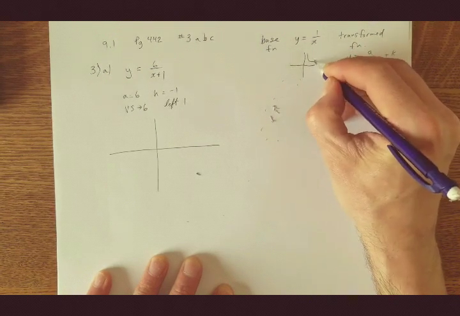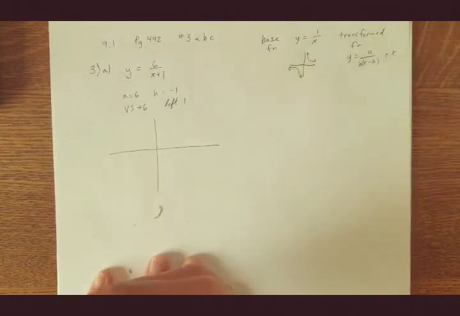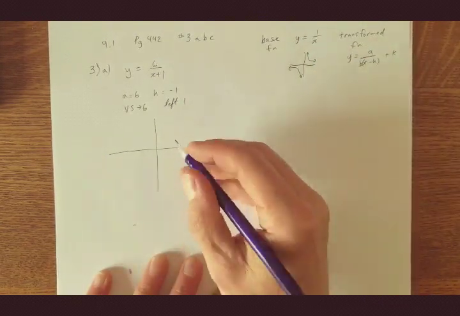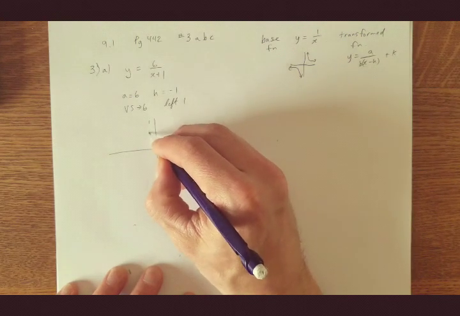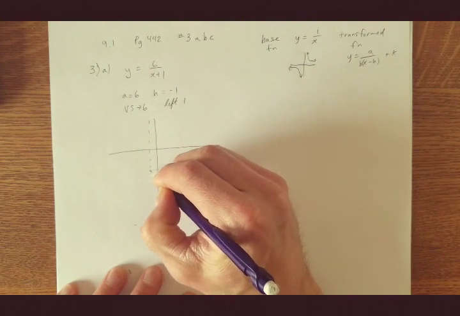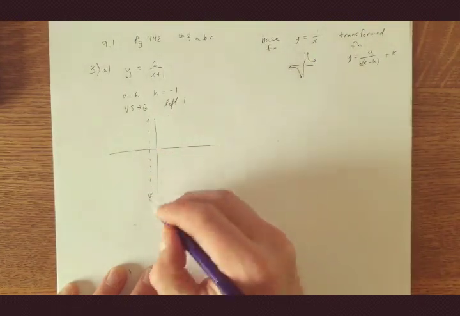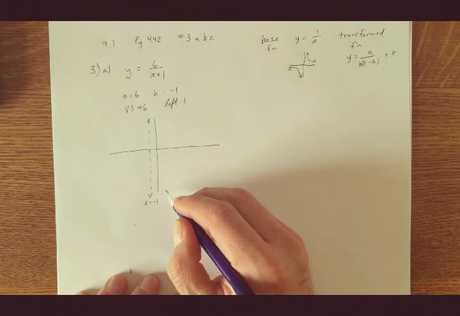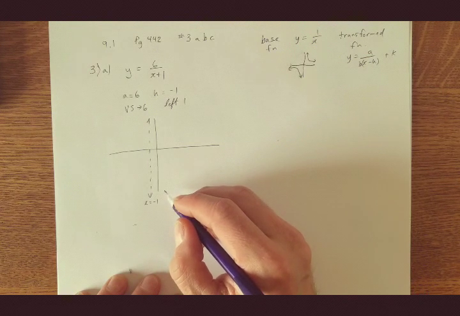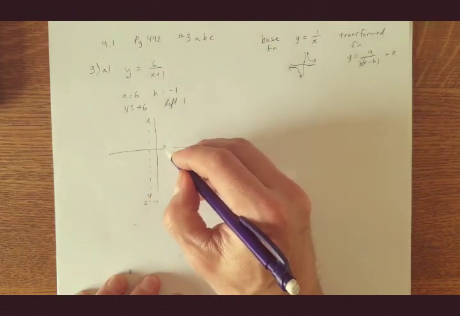Sorry, like this and like that. And so this one is going to move this vertical asymptote over to x equals -1.